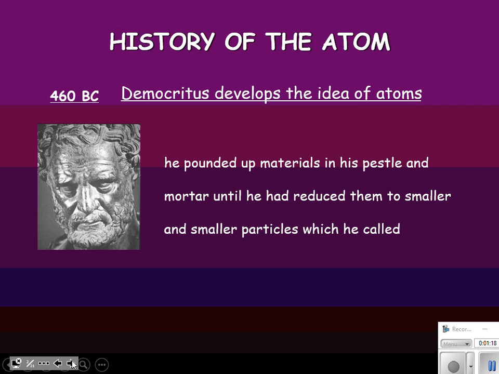I had big chunks of coal, and I had to get those smaller, so I took a mortar and pestle and smashed that chunk into smaller particles. That's similar to what Democritus did. He crushed up materials into smaller particles, and he called those particles atomos, which is the Greek word for indivisible.